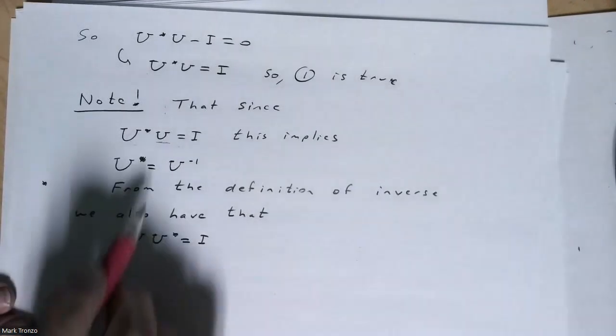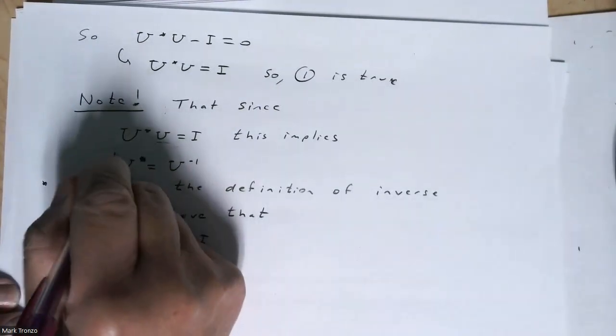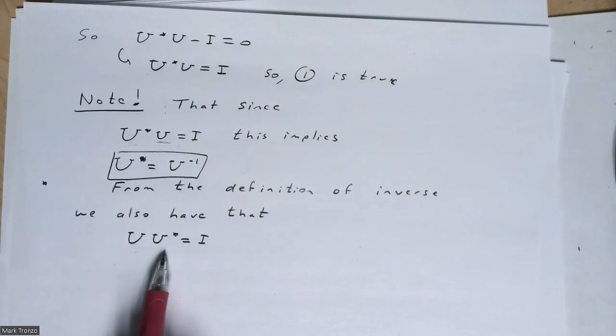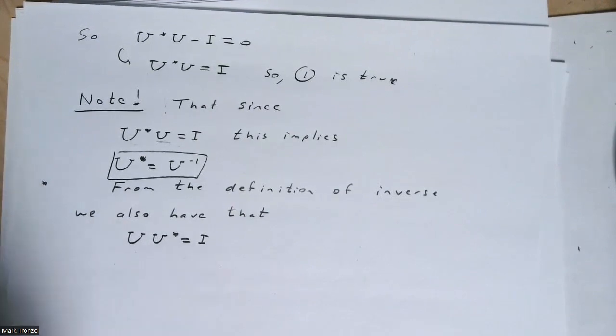So again, this implies that this is true. And then furthermore, we could say that u adjoint u is also equal to I.